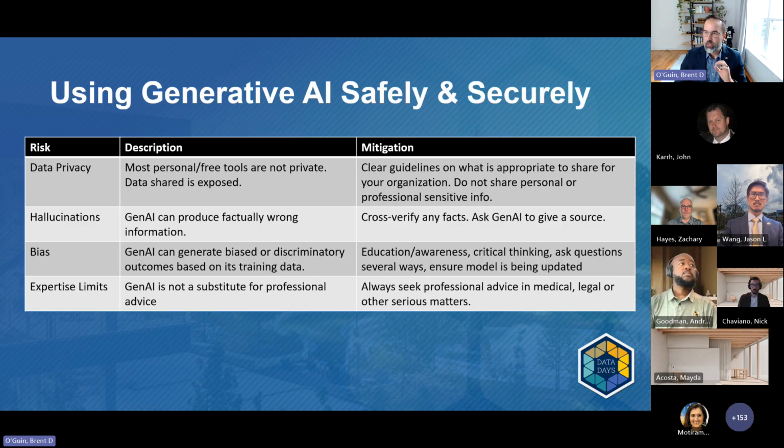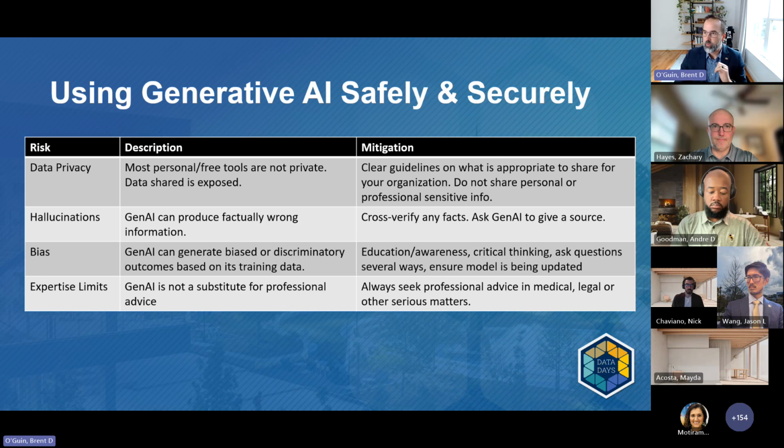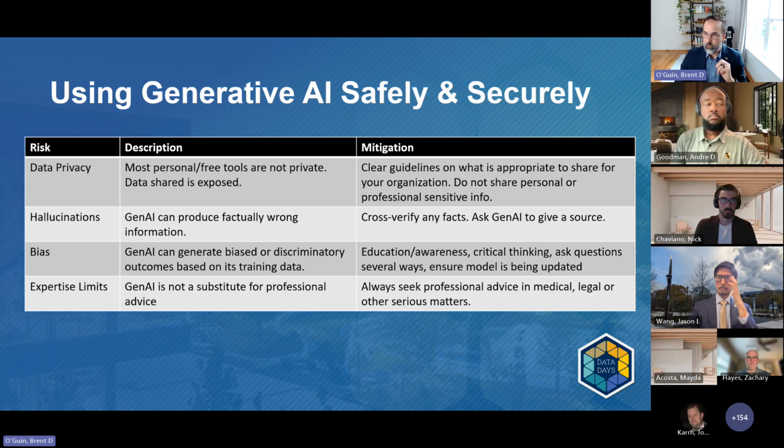We can definitely start looking at it, and we'll look a little bit more at this in just a second. One note before we jump in, and I think this really highlights a lot of the things here that have been brought up. Data privacy. If you're using a free tool, like if you have a personal ChatGPT account, this is not a private tool. Everything loaded into that tool should be considered public, right?